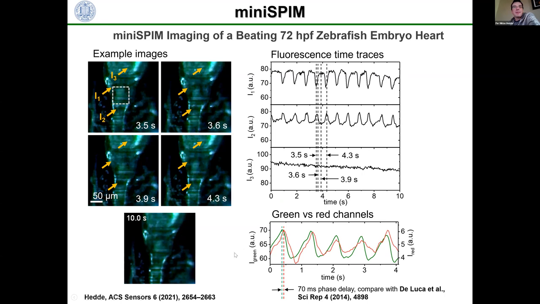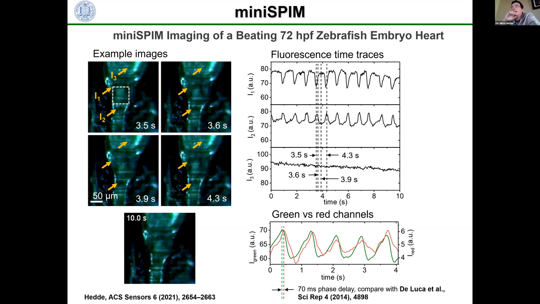Interestingly, because this is a color camera, we were exciting with blue light, so we still get the green and the red channel. And we noticed a phase delay between the red and the green channel and the pulsing of the heart. And looking at the literature, other people have already found that.